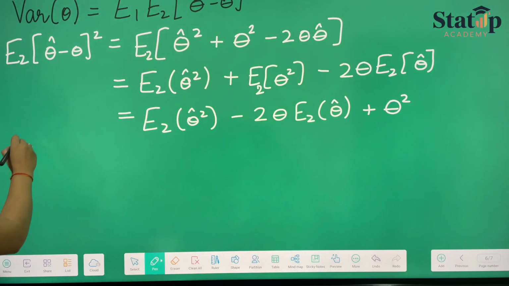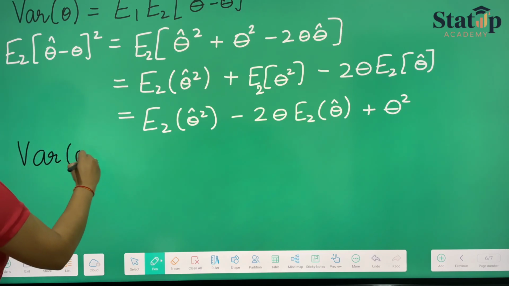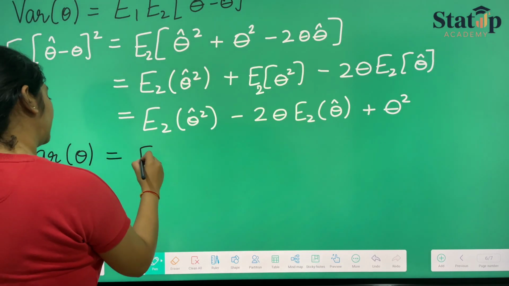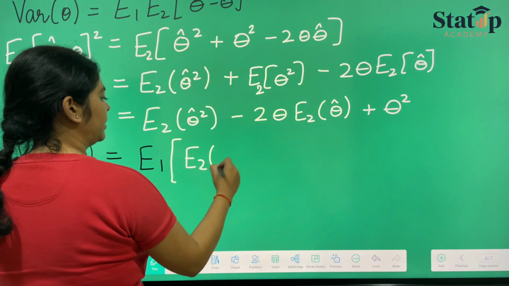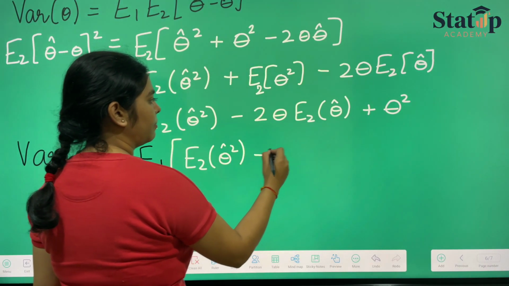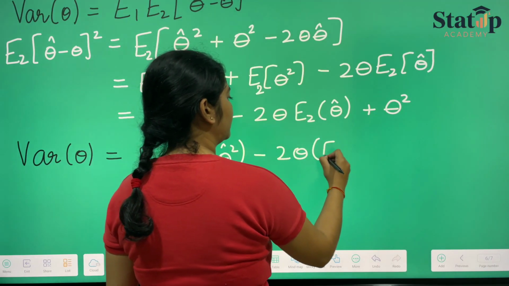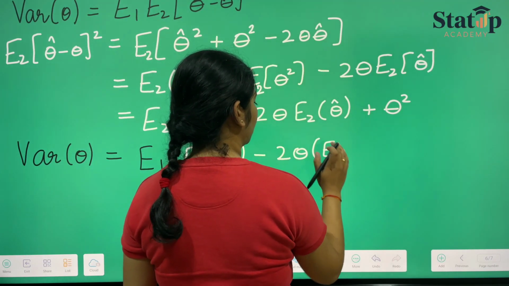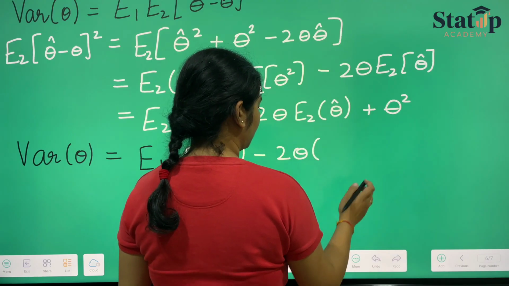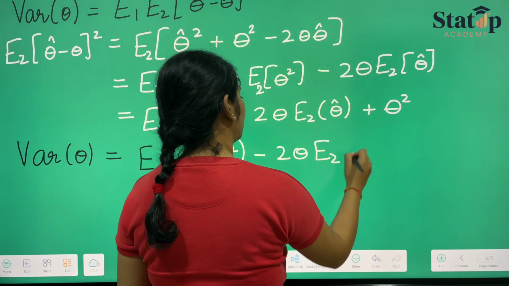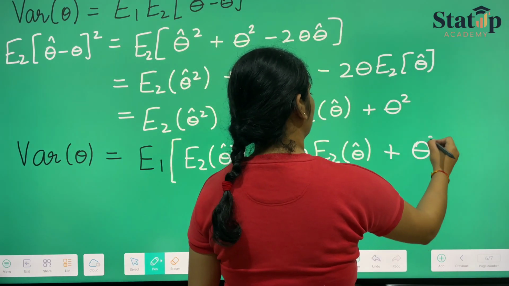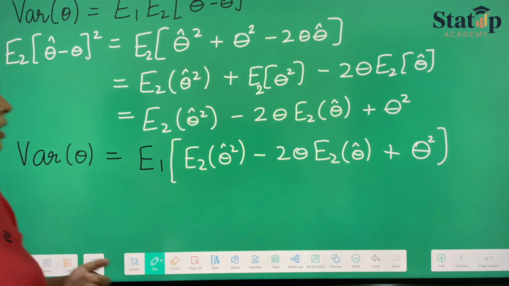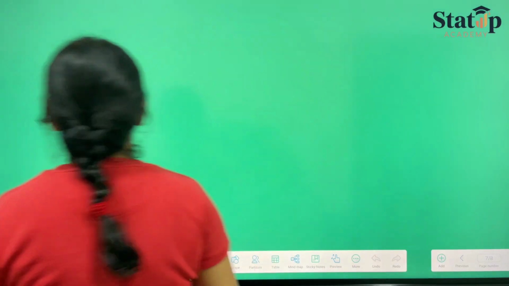We have written it like this. Now we put it in the variance formula. Variance of theta is nothing but E1 into E2 theta cap square minus 2 theta E2 theta cap plus theta square. This can be written now taking E1 inside, or we can first open this.